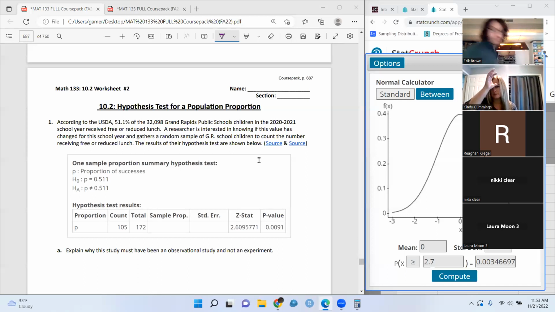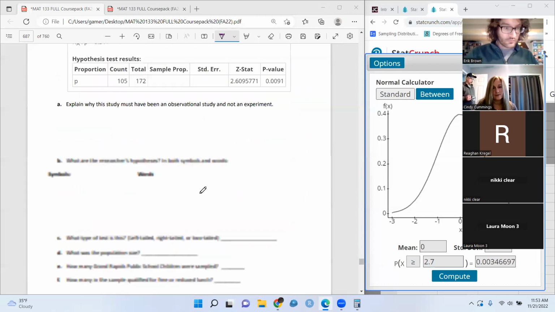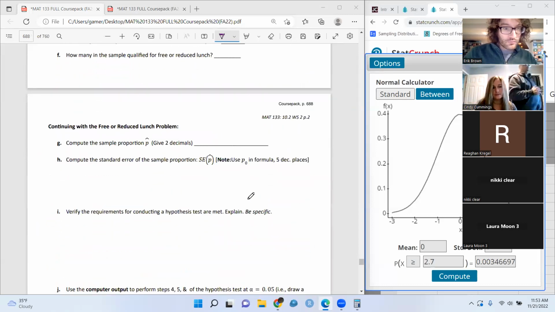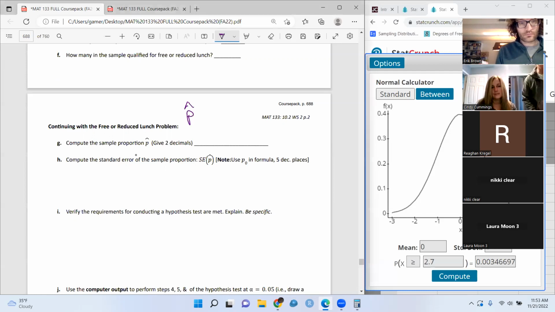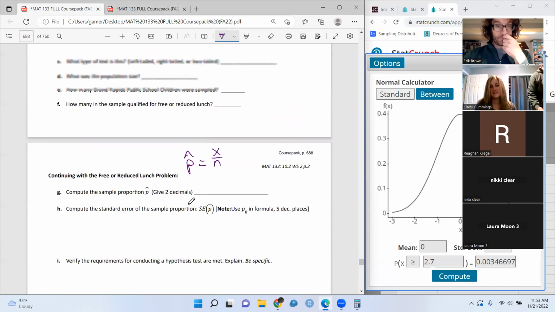Eric, I got to G and now I'm kind of stuck. You're stuck on G? Yeah, well, how the sample proportion is... Isn't that X divided by N? X divided by N, okay.